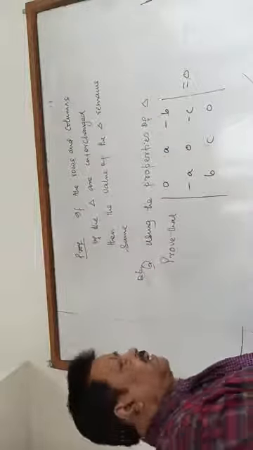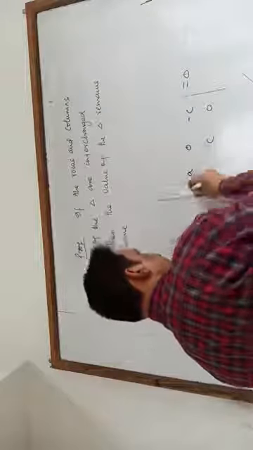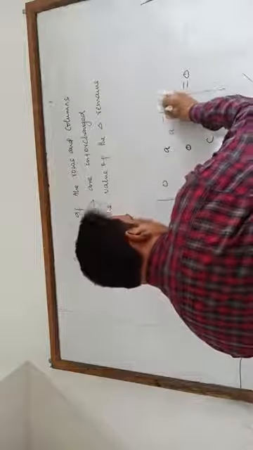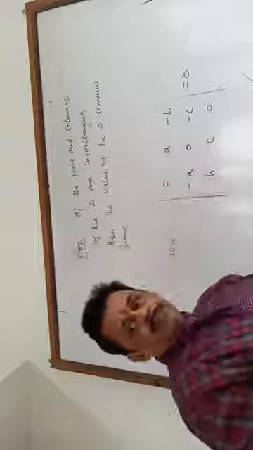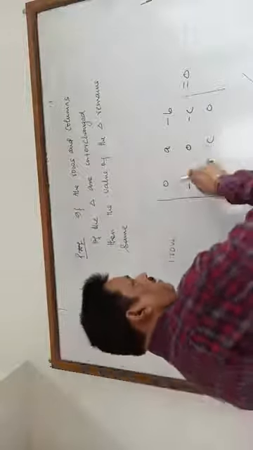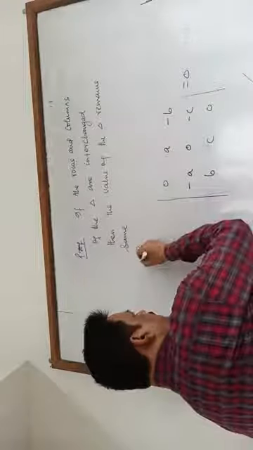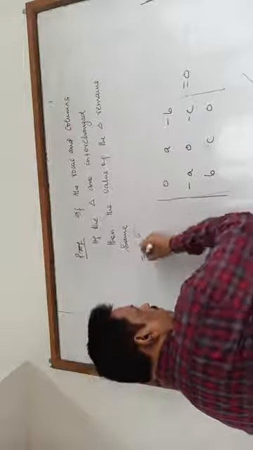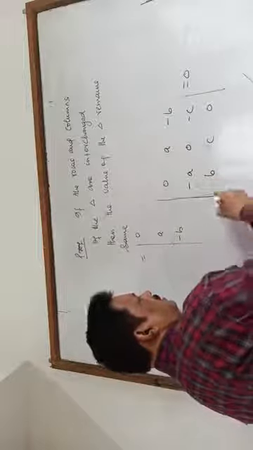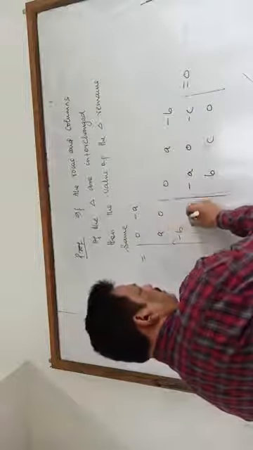So what I can do is, the row becomes column. This row will become a column here. So that will be 0, a, minus b. Then this line will be minus a, 0, minus c.